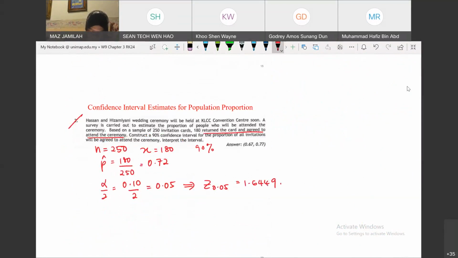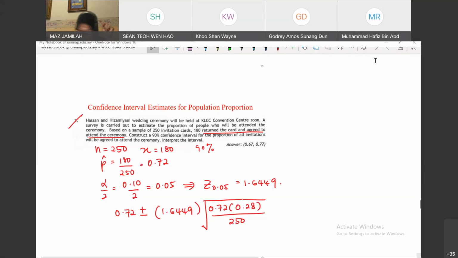So P hat would be 0.72 plus minus 1.6449 multiplied with the square root of 0.72 times 1 minus 0.72, which is 0.28, divided by the sample size 250. Let me count for a while.